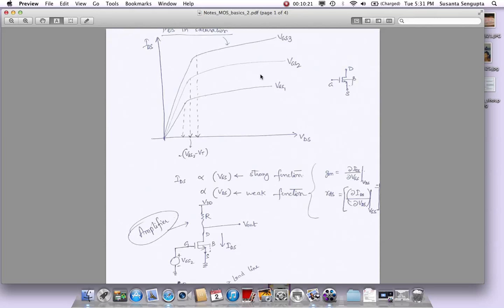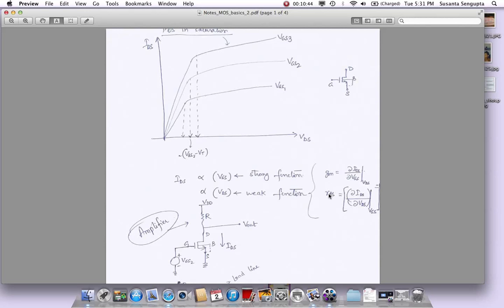Okay, so these plots cover everything. They show you the large signal behavior with VDS as well as with VGS. But if you pinpoint it to a particular point, then you could also apply the small signal and derive the small signal parameters out of it, which is what we call small signal analysis of the MOS, which is very, very important.